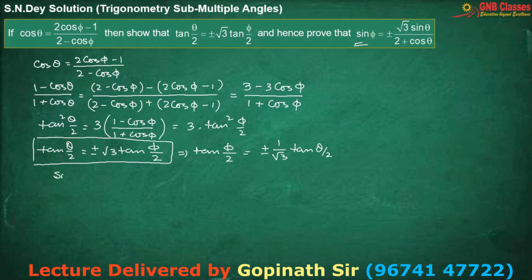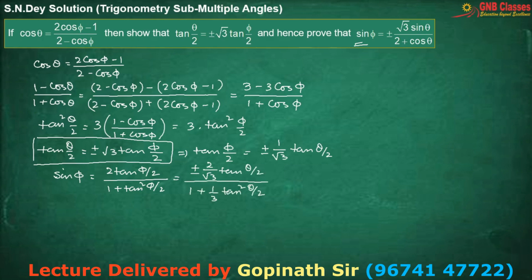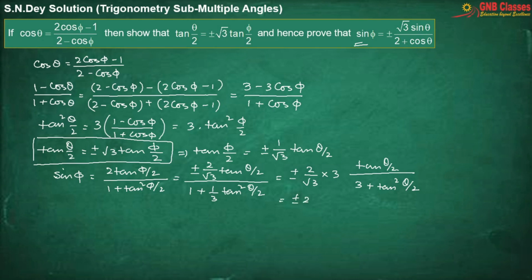now sine phi can be written in terms of tan as, so if I replace the value of tan phi by 2, we are going to get... Let me simplify a little bit. We get, so that gives us, now we are dividing numerator and denominator by 1 plus tan square theta by 2.